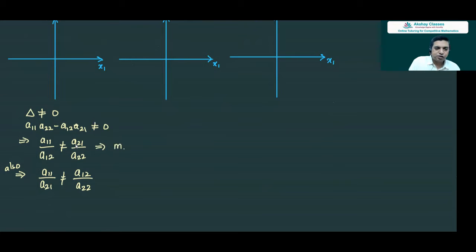That means slope of the first line is not equal to the slope of the second line. So delta not equal to 0 is a case of non-parallel lines. So for non-parallel lines, you will have a unique solution. Simple.